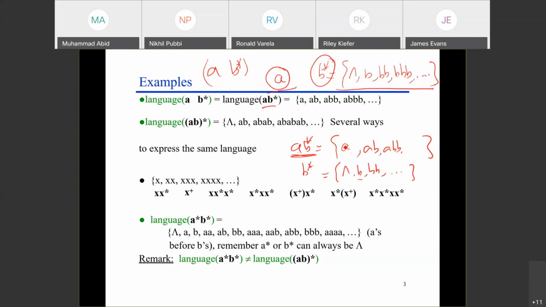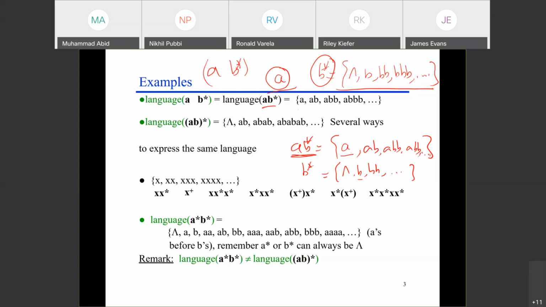So what is the pattern of this language now? The pattern is all words start with A, and you might have B in the following position, or you might not. We have one word which does not have B after that, but other words have B after that. But whenever we have B, it must be in the following position.